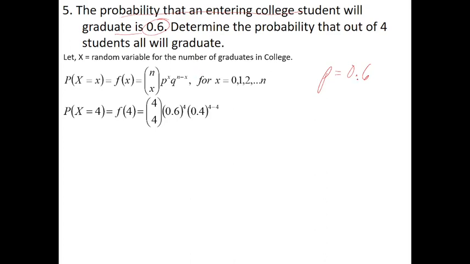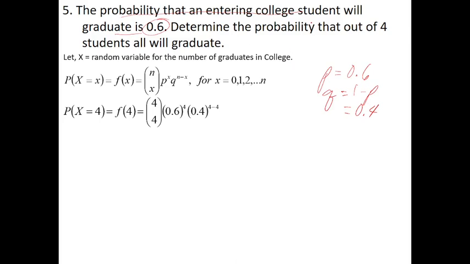No? So 60%. So Q naman is the probability that the college student will not graduate. So that is 1 minus P. That is 0.4. No? That is the probability of failure. 0.4. That is for every student.